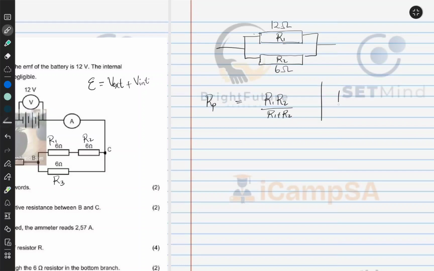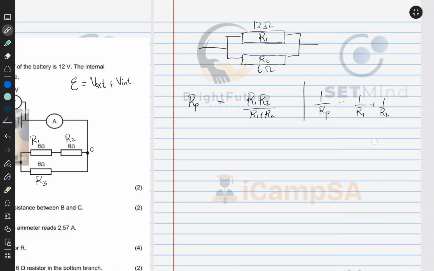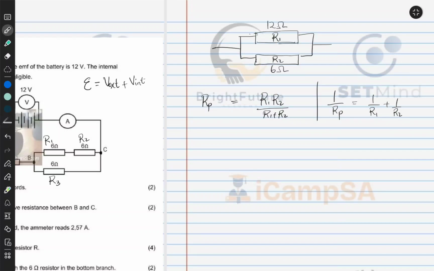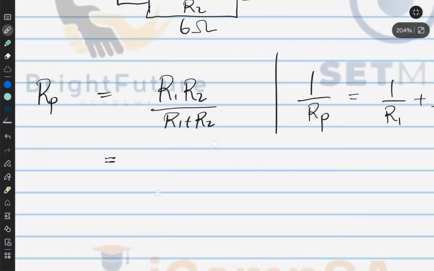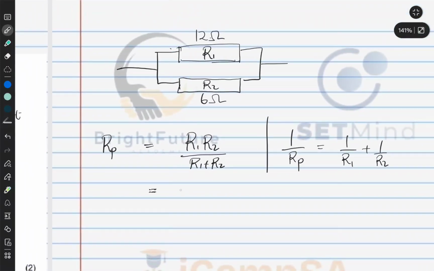Or you can use the one that says 1 over Rp is equal to 1 over R1 plus 1 over R2, but it would end at R2. It wouldn't have an R3. So R1 in our new diagram would be 12 ohms.